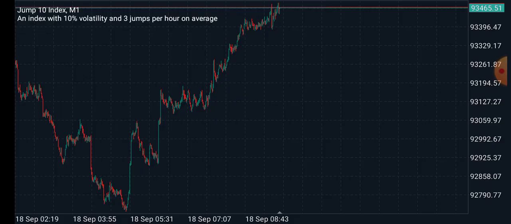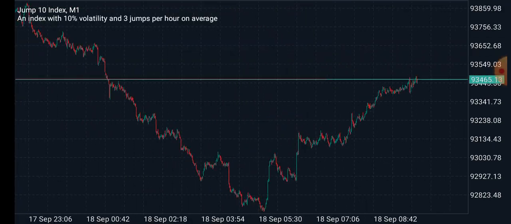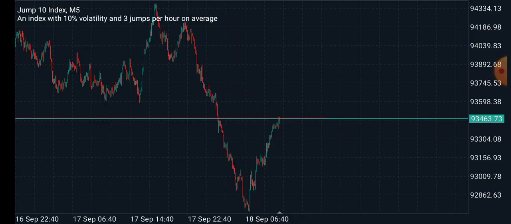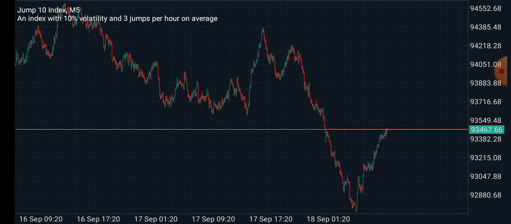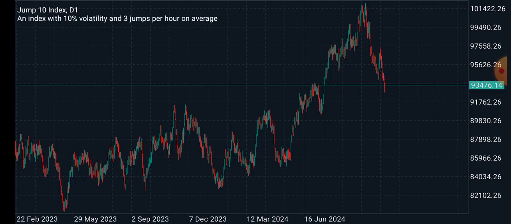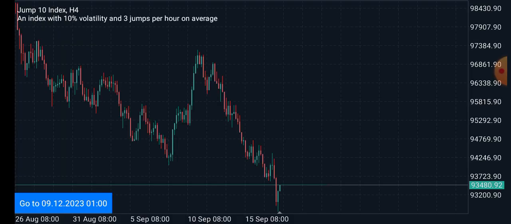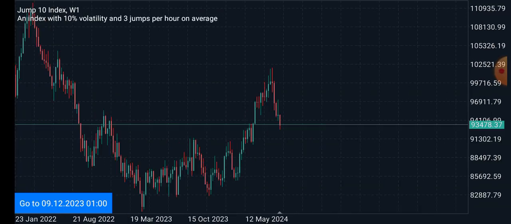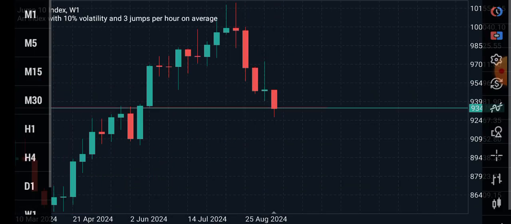I'll be looking at Jump 10 analysis. I just want you to follow me and try to understand what is going on in the market based on these charts and their different time frames. Like I used to tell us, I'm a trend follower.